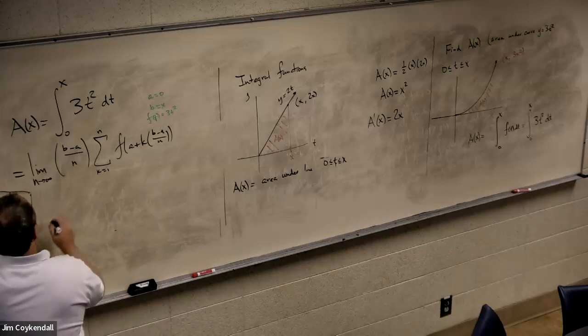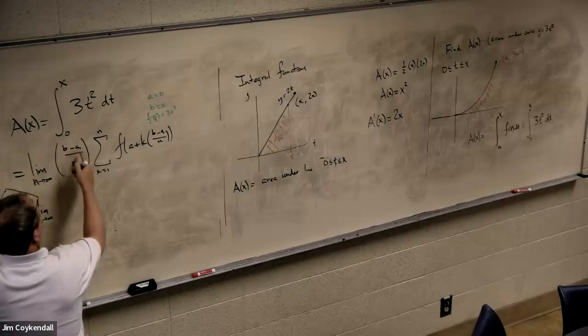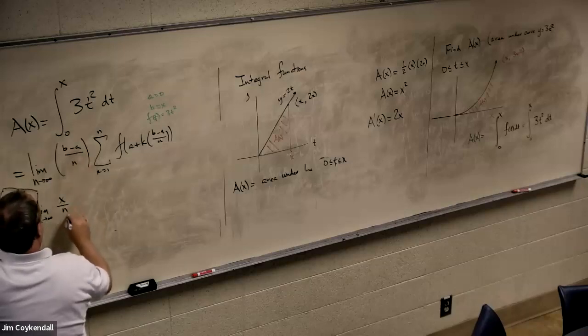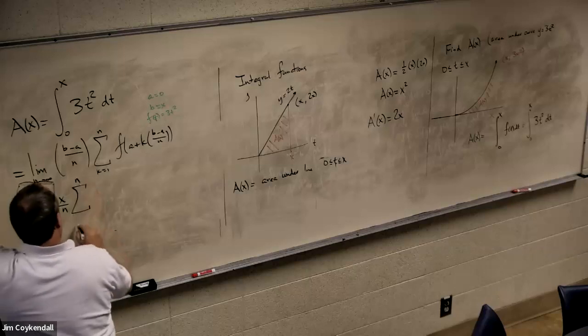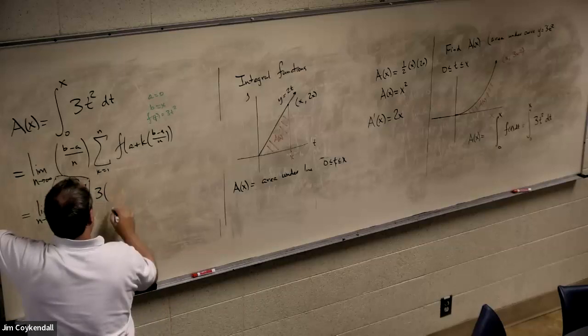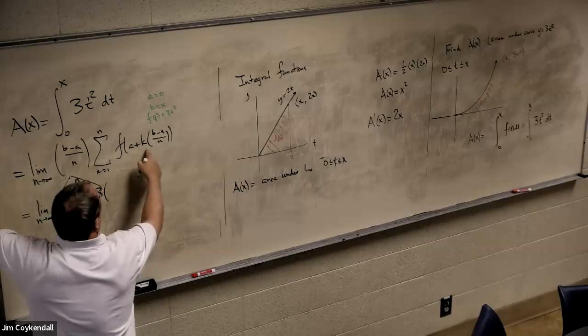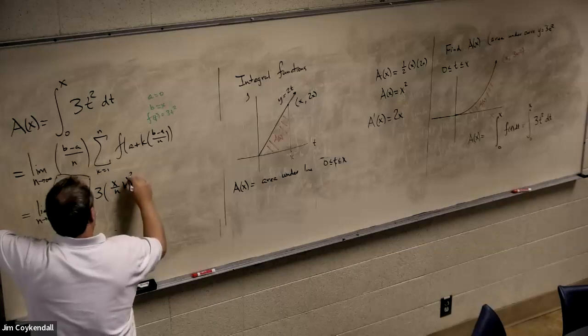So this is the limit as n goes to infinity of x over n, sum of 3 times, see, a is 0, this is x over n times k.